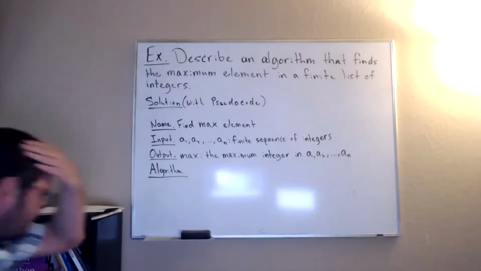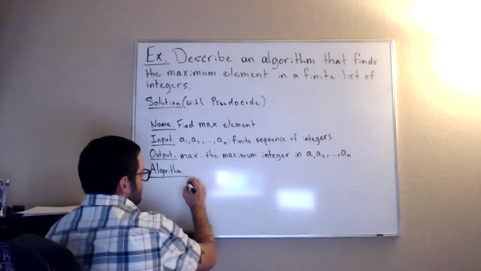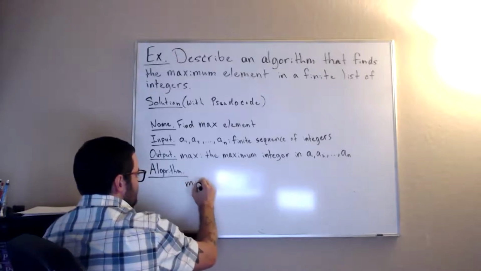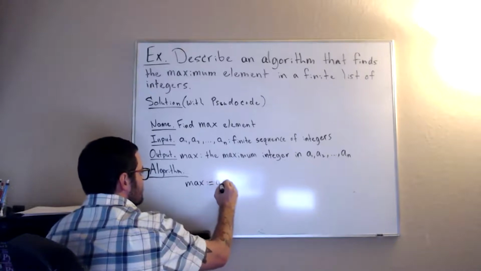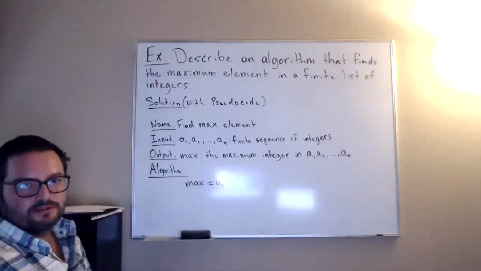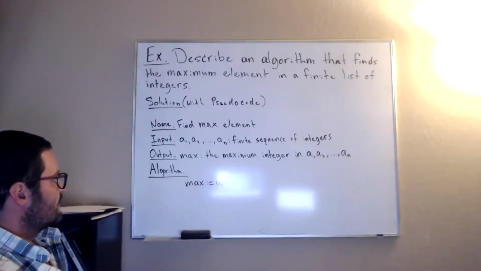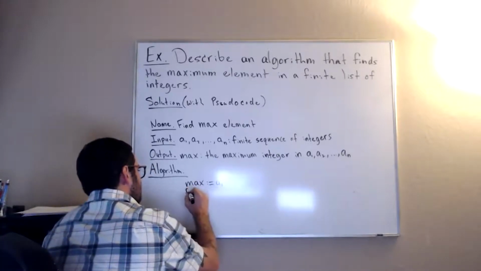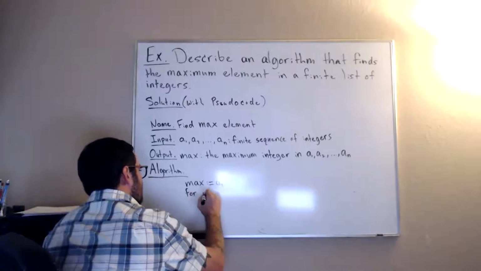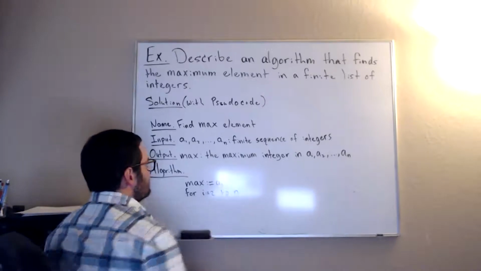Okay, so let's go ahead and write this out now. Let's start by defining max to be equal to the first element in the list. That says A1 right there. And then we're going to use what's called a for loop. So for i equals 2 to n.